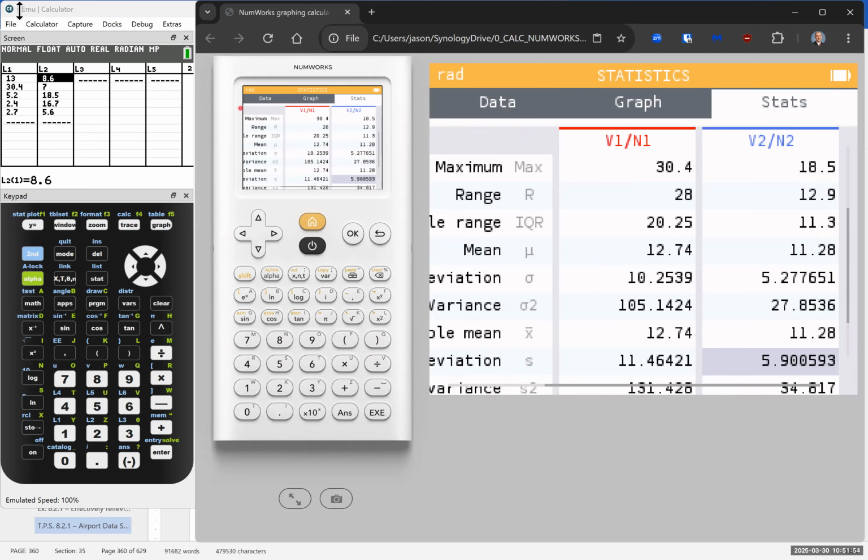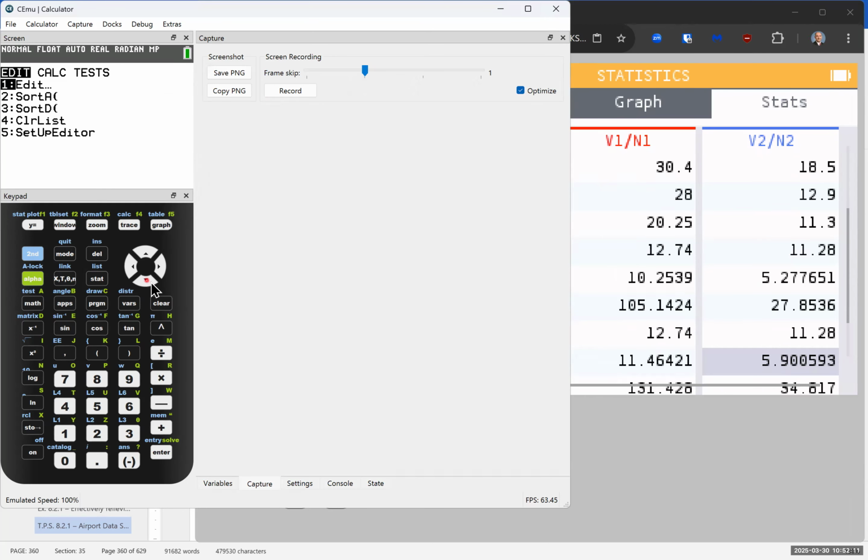With the Texas Instruments, we need to go to one variable stats. Go to the calc menu.